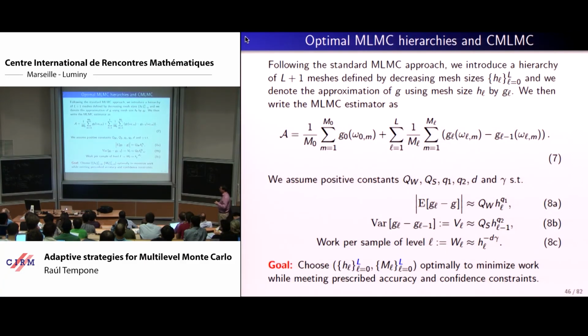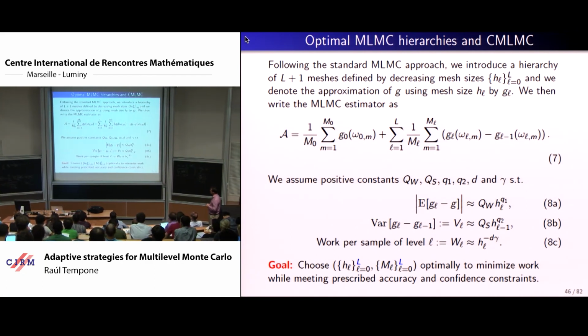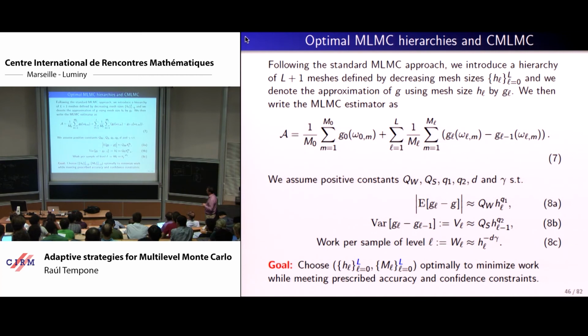So what do we have here? We have a multilevel Monte Carlo method as before, but now the levels, g_l, are going to be driven by these h_l, the parameters of discretization, and we do not say that they are geometrically distributed a priori. Okay, so we're going to let them vary.